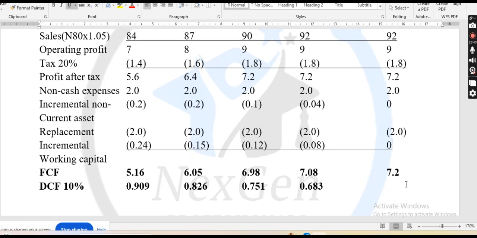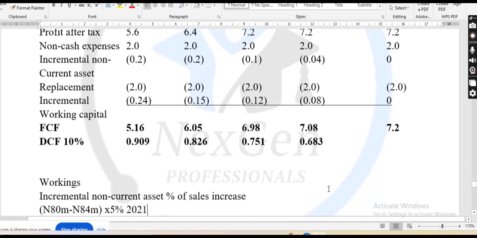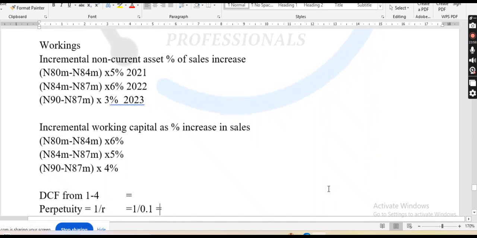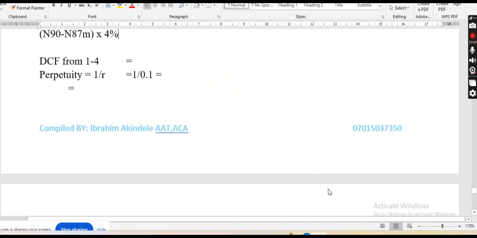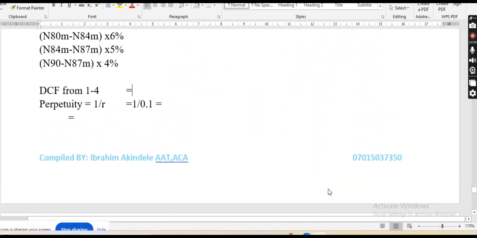We are supposed to add. If we are using the annuity for year 1 to 4, let's use it. What do you have? The annuity from year one to four should be 3 point something.